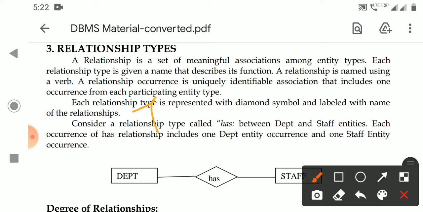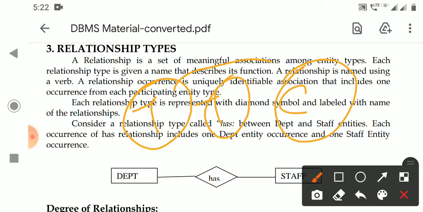Teacher teaches a class. A teacher is an entity, class is an entity, and teaches is an association between these two things. Here one of the functionalities of the teacher is to teach some classes. That means the relationship type is a name.